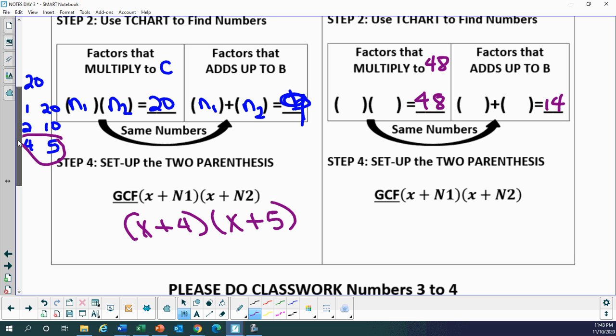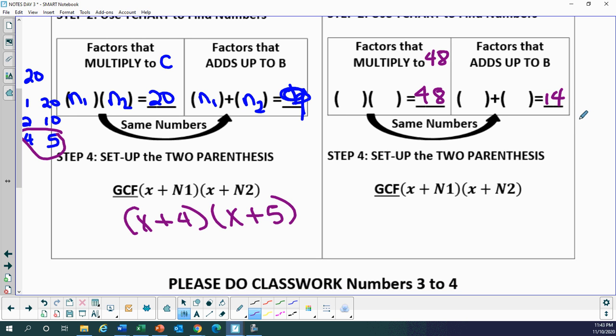Okay, what are the factors of 48? I'm going to write out 48 because I need to find my N1 and N2, two numbers that multiply to 48 and add to 14.